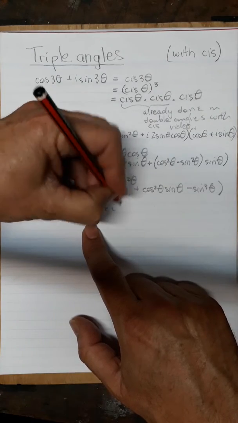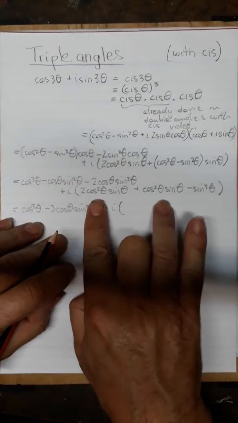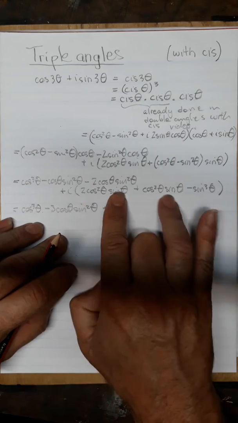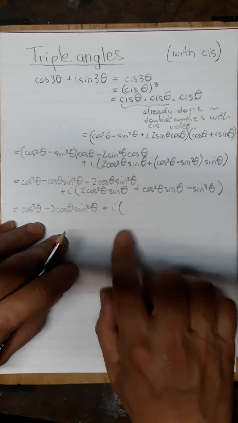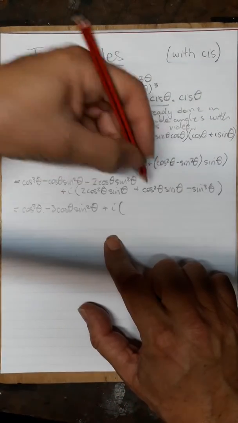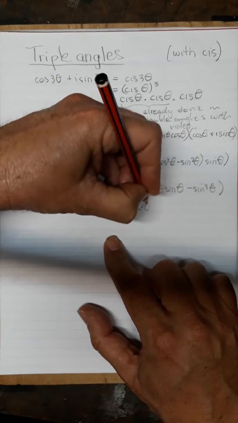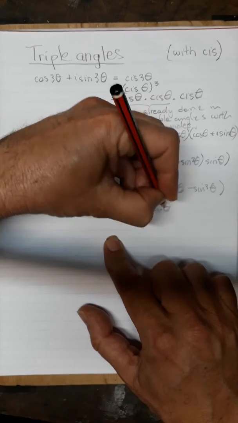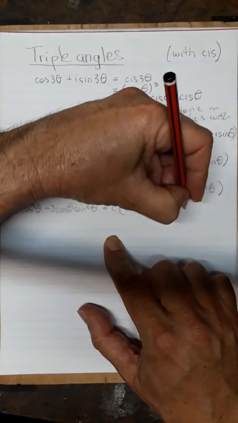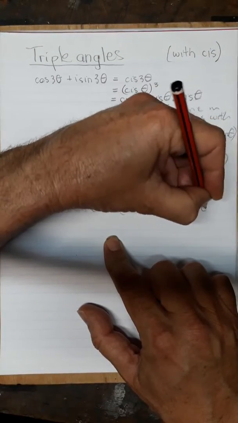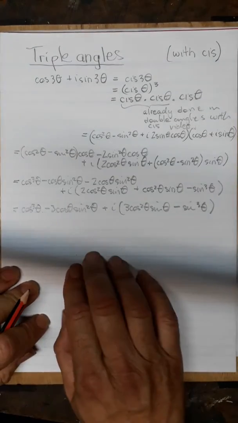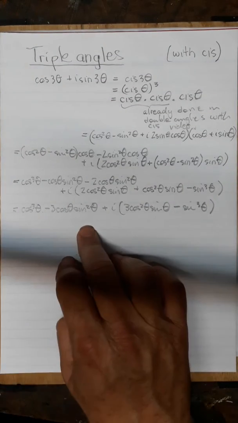Plus i times, now have a look at these two terms, the cos squared theta sine theta. We've actually got 2 lots and 1 lot of that, so we've got 3 cos squared theta sine theta, finally minus sine cubed theta. Now we're pretty well done here.